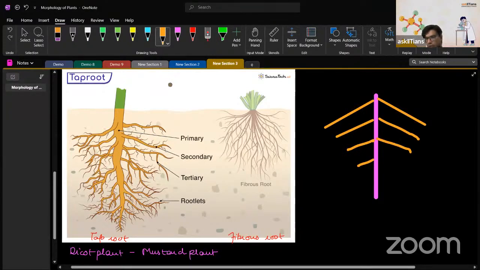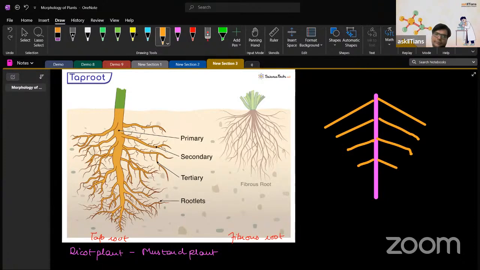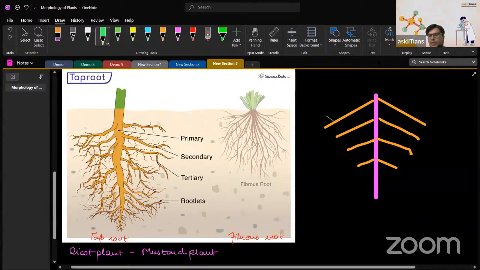Use the orange color here. And then we have the tertiary roots. Let's use the color green maybe. So these are the tertiary roots that are going to go out from the secondary roots, something like this. I'm not going to draw it for all of them, but basically you get the idea, right?